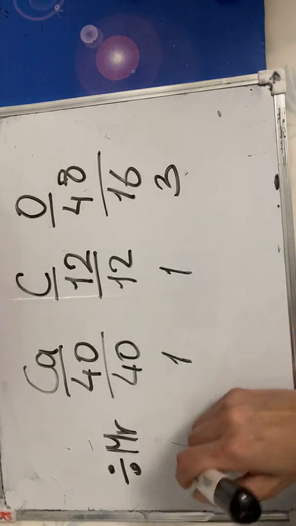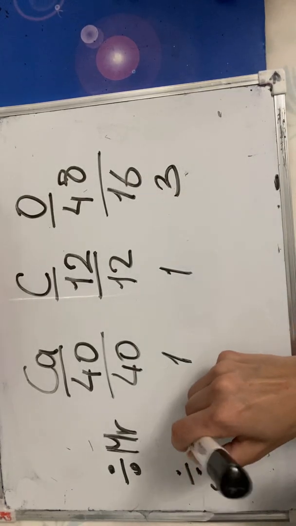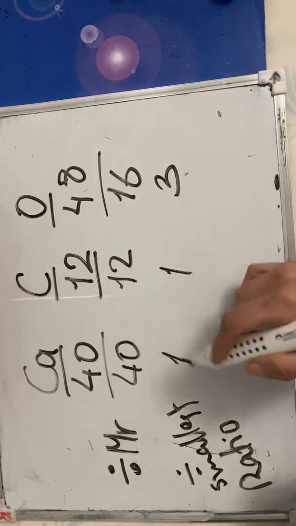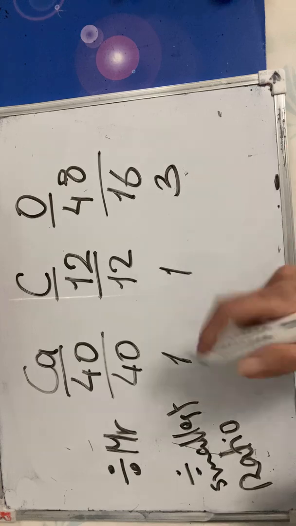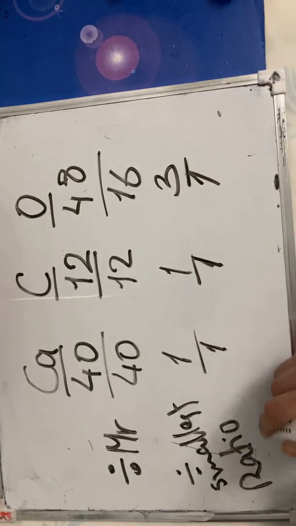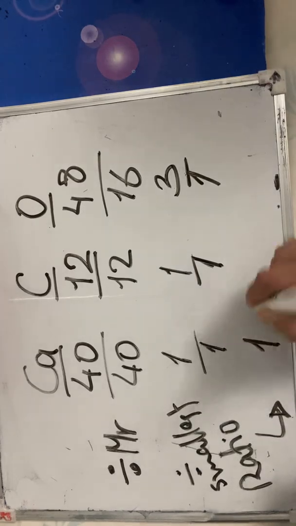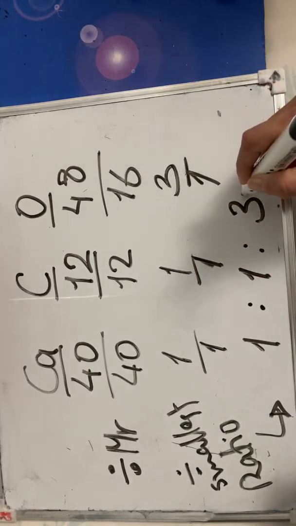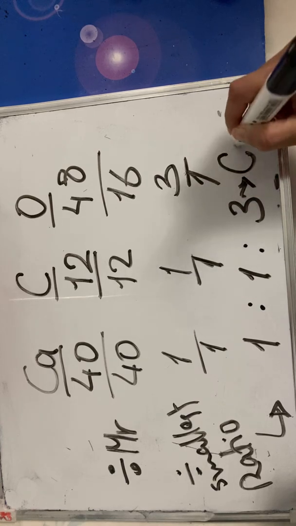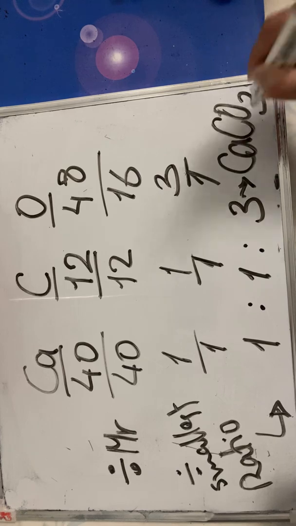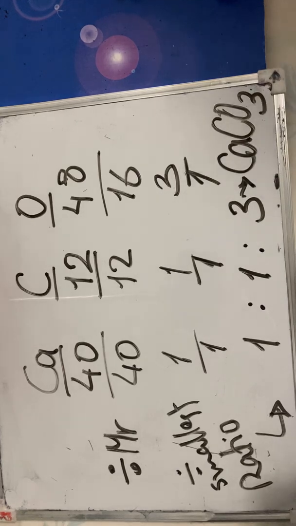So if we divide by the smallest number to get a ratio, there's nothing smaller here than this one, so all divided by 1, the ratio would be 1 to 1 to 3, which makes the formula of this compound CaCO3. Okay.